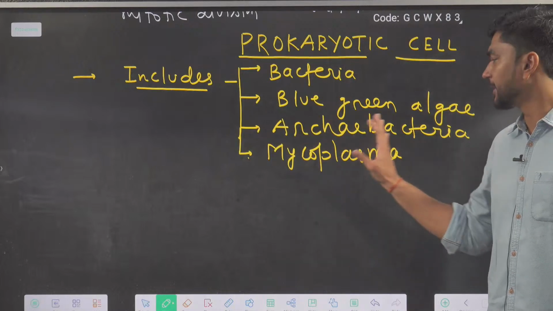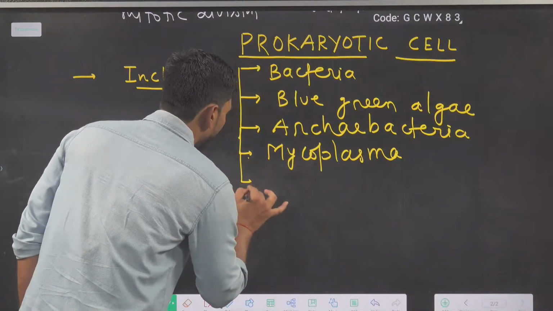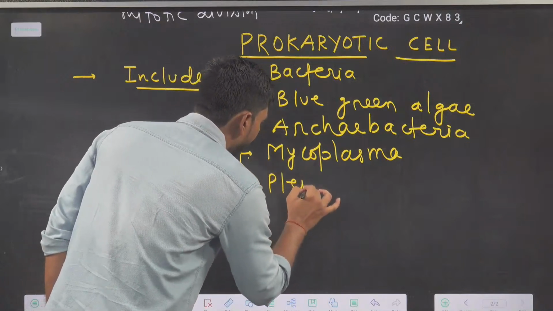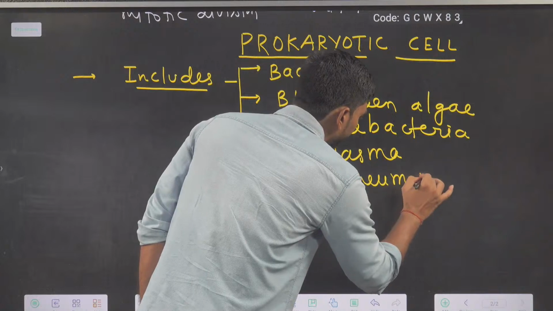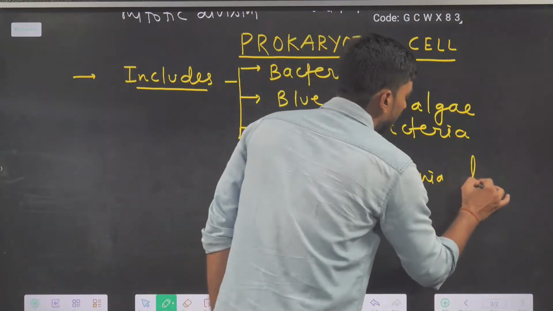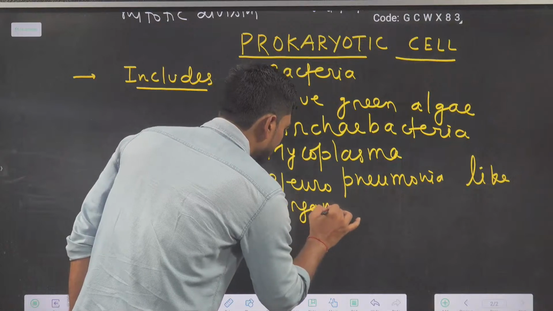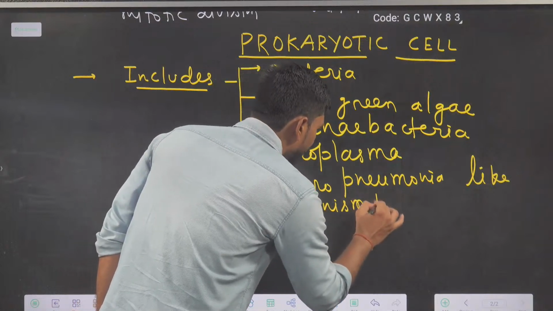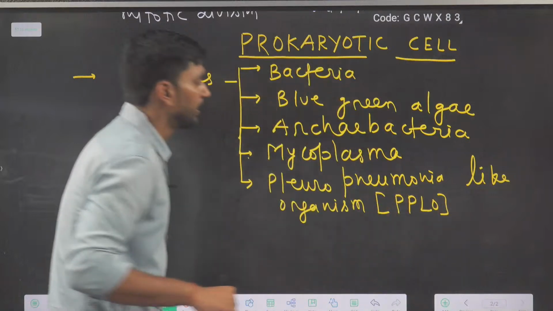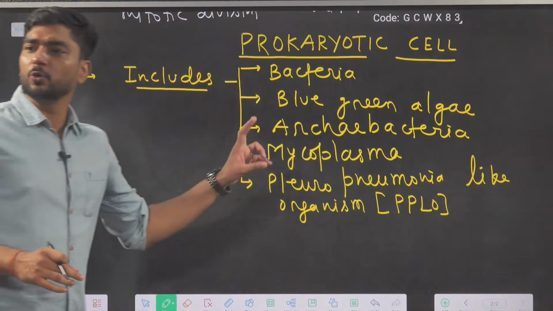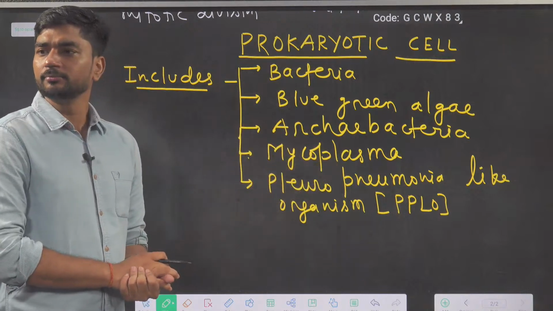So this also comes under this part. So mycoplasma, or we can say it's a pleuropneumonia-like organism, or we can say it's a PPLO.